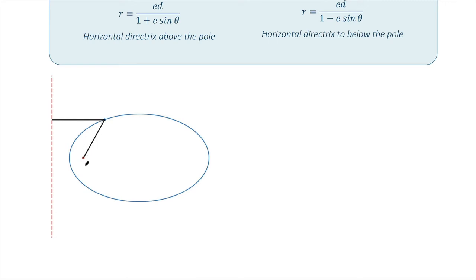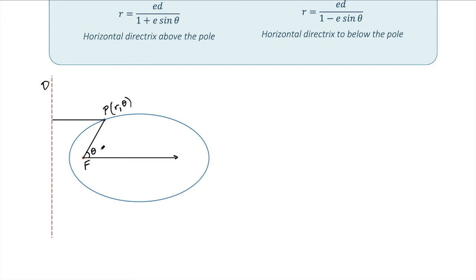This is the point F. This is the point P. And of course, this is the directrix D. Now this point P, if we're in polar coordinates, we know can be represented with r, theta, with of course the polar axis being this axis here. And this angle here is theta.